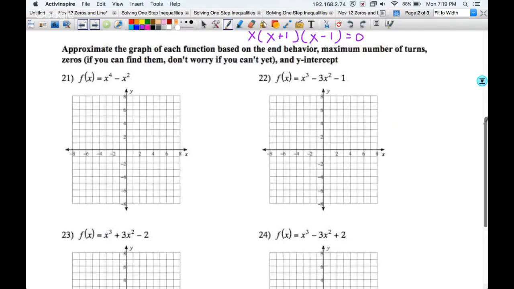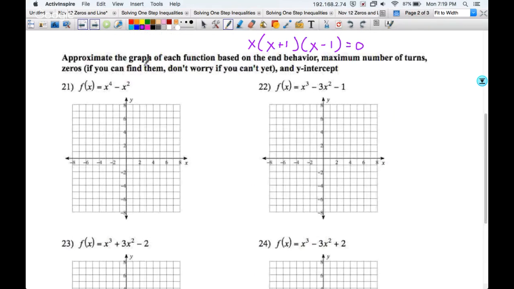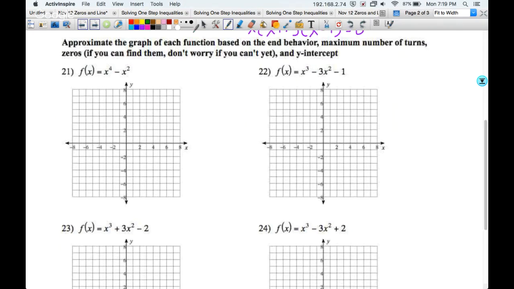All right, let's try 21. Actually, 22 looks kind of tricky because it doesn't have a greatest common factor. Well, I'm not going to worry about 22.